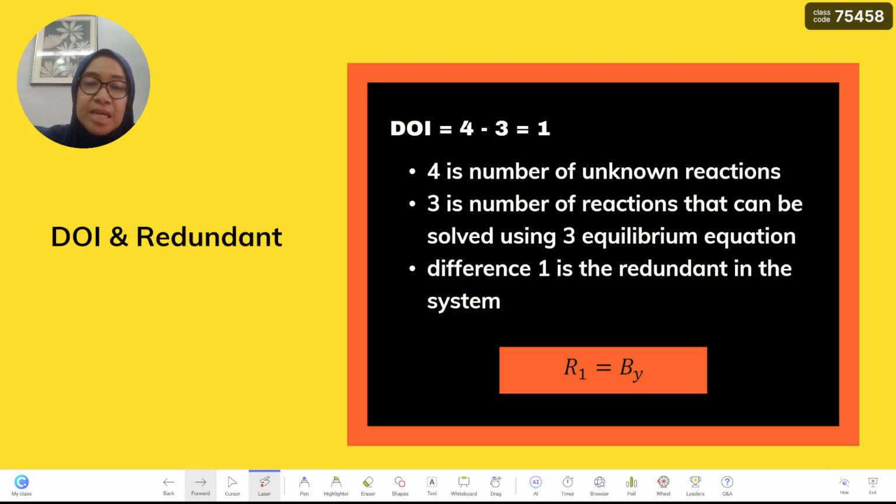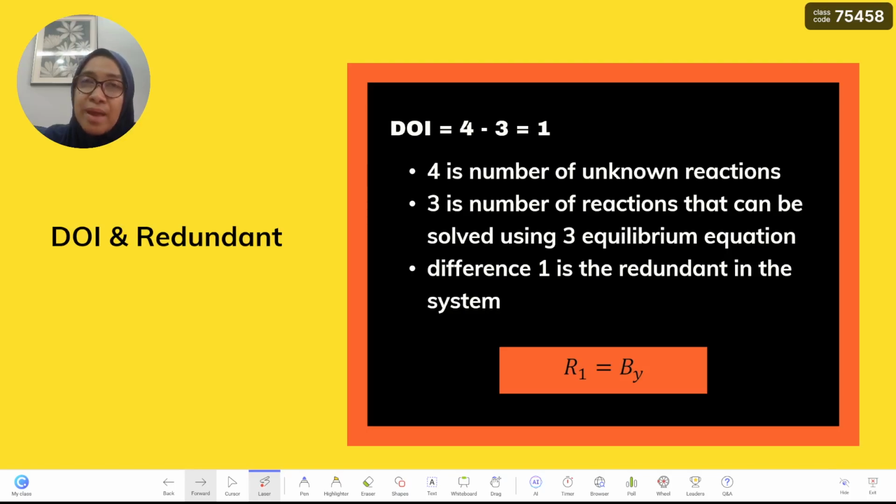I have written here: 4 represents the number of unknown reactions, and 3 is the number of reactions that can be solved using the three equilibrium equations. Now it is 4, so we cannot solve them using three equilibrium equations.